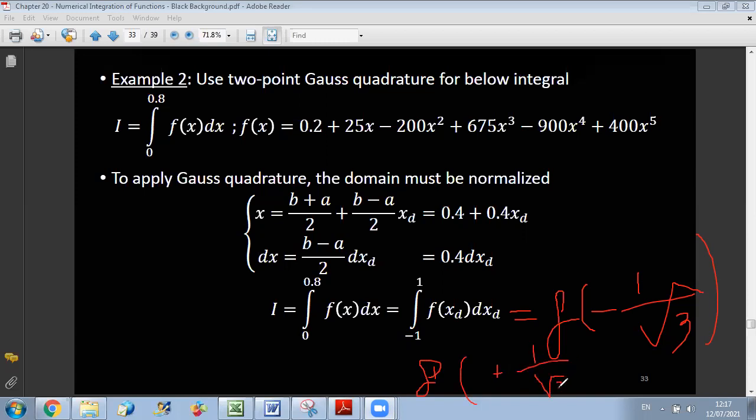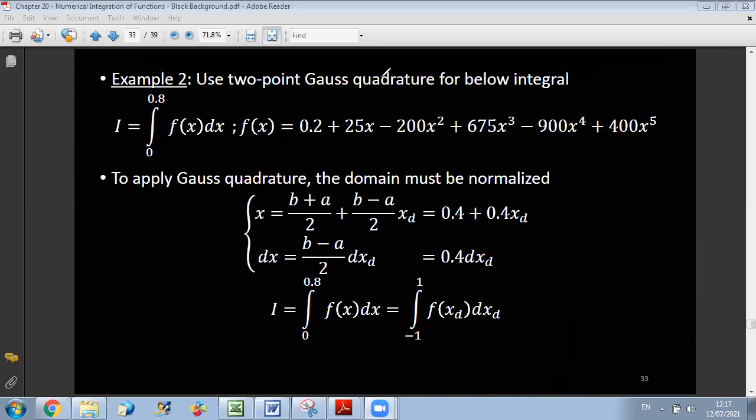And of course, to not confuse, I will call it fd, okay? Because it's of course not this function. I should transform it to be a function of xd and then replace.